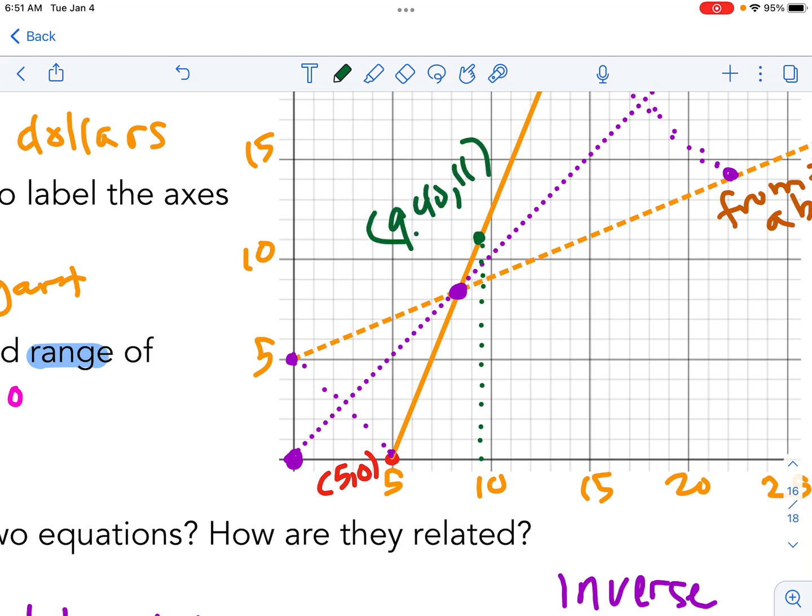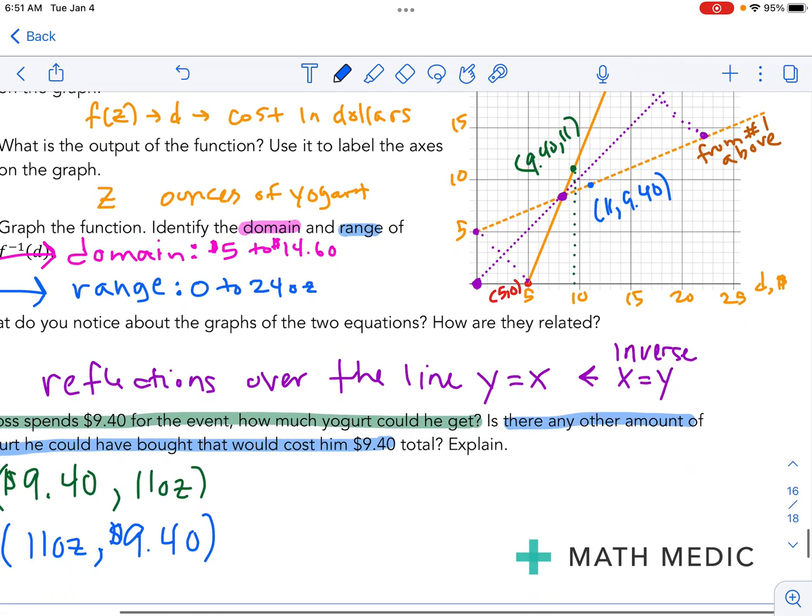So that's that. And so that other point, if I brought that other point down from the other graph, it would be right there. There's that reflection over the line y equals x.